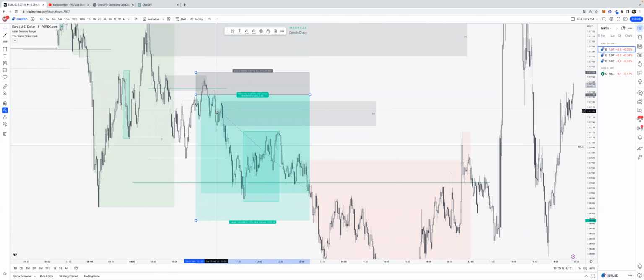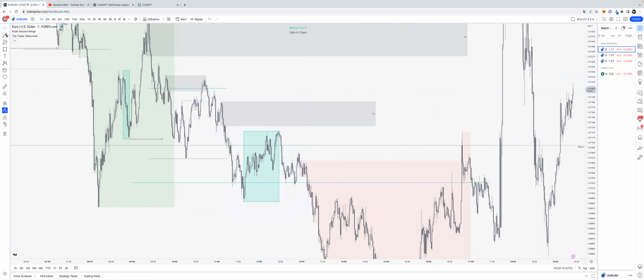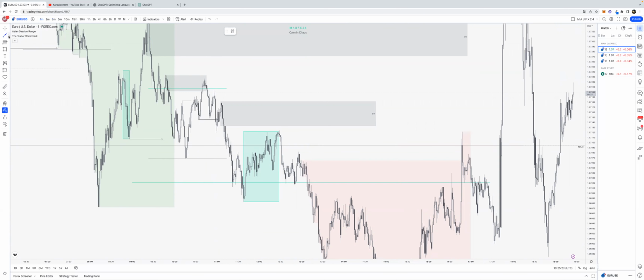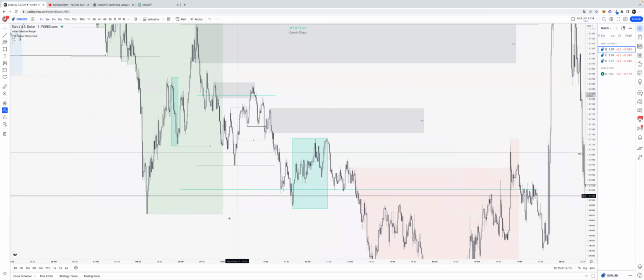So that's like a double confirmation. And that's basically after this break and creating these equals over there. So liquidity building up to the downside.